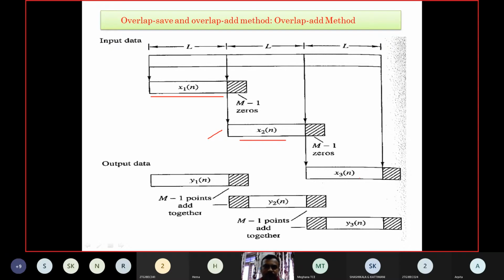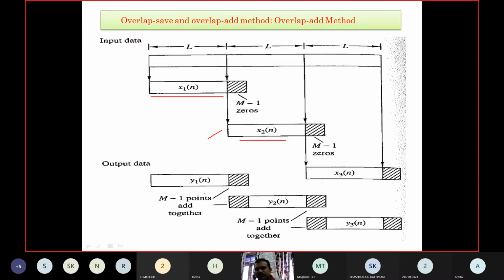Next, each block is convolved with h of n, the impulse response of the system. Each calculation gives individual outputs, the y blocks: y1 of n, y2 of n, and y3 of n.